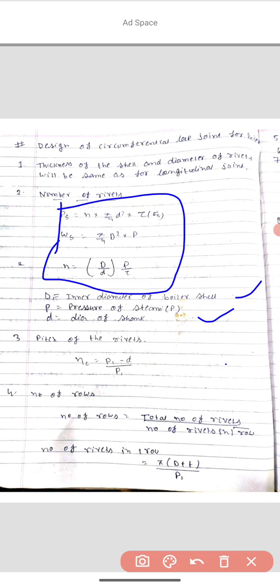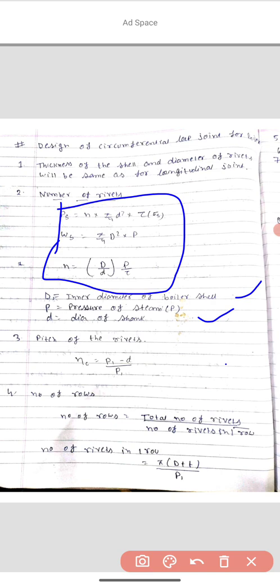Why is it the same? Because the steam inside the boiler applies some load, which you may call the shearing load, and this must be at least equal to, not greater than. In any case, Ws will not be greater than the Ps value. For safety, you design by equating these.